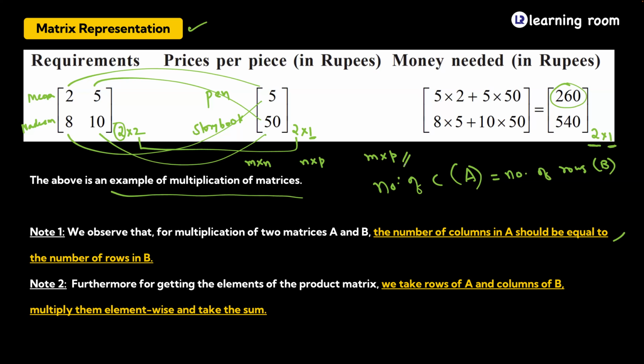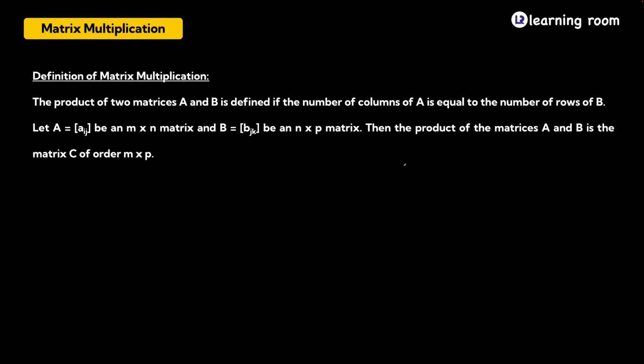Now, let us see the definition of it. We had been seeing it in terms of general values, right? The definition of matrix multiplication says the product of two matrices A and B is defined if the number of columns of A is equal to the number of rows of B. And how is it defined?